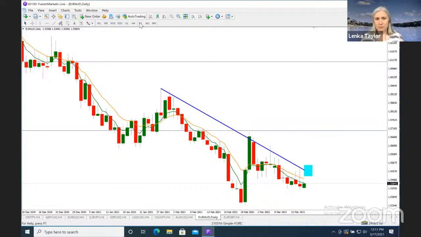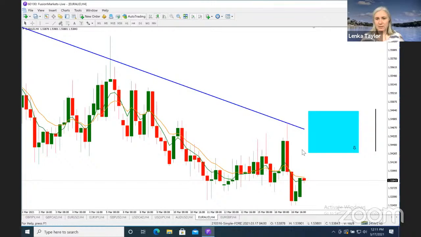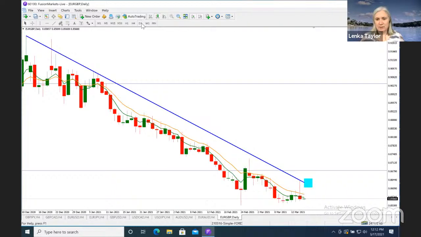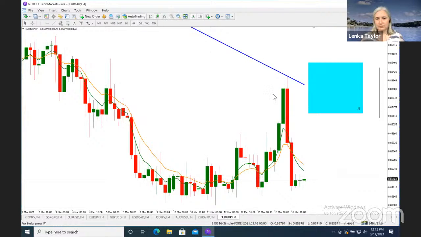I'm still looking for a short, but I just need a good setup near the trend line. And EUR/GBP had quite a decent setup there. However, that was my nighttime, so I did not enter that trade. Still looks good for a short, but it's too late to enter now, so nothing to do on that one.